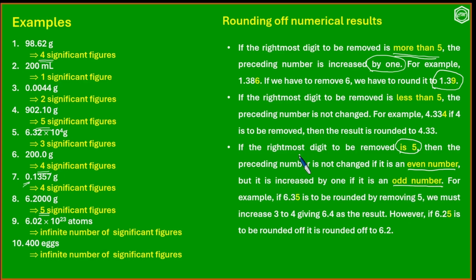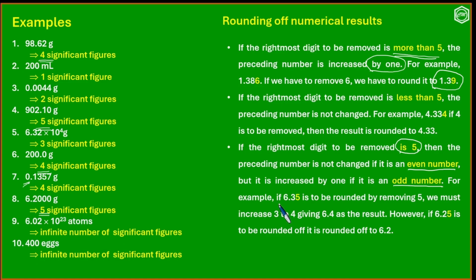Once again, if the rightmost digit to be removed is 5, then the preceding number remains as such if it is an even number, that is, the number to be retained is an even number. But it is increased by 1 if it is an odd number.